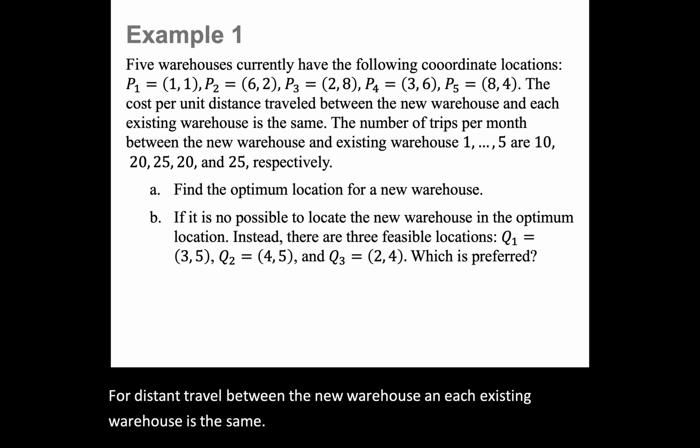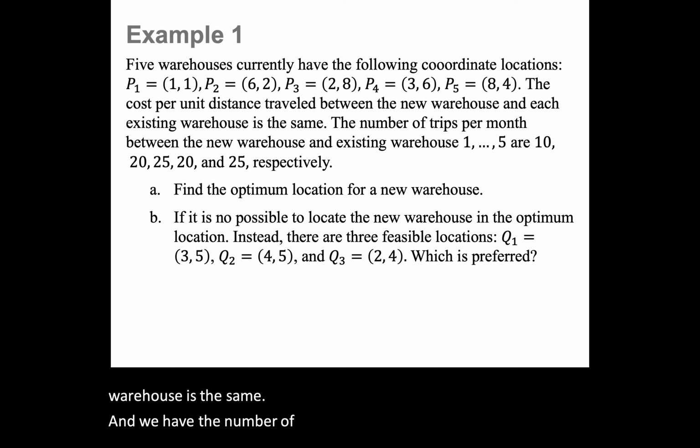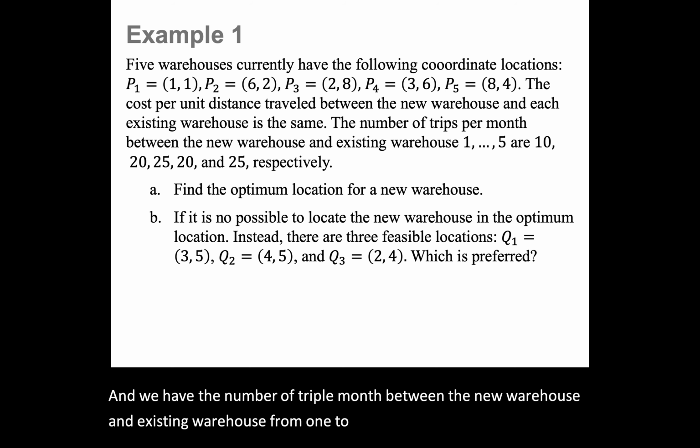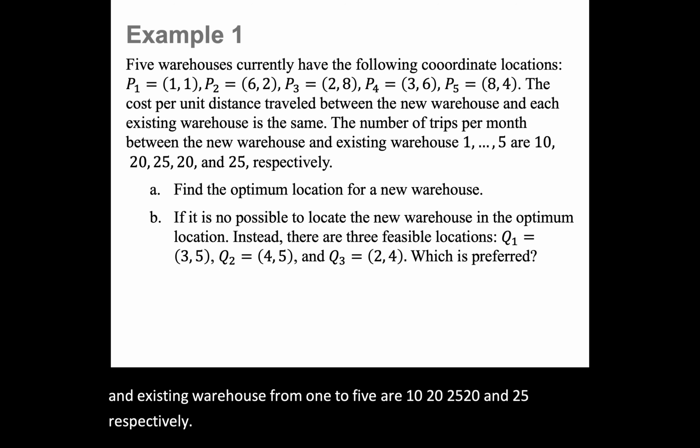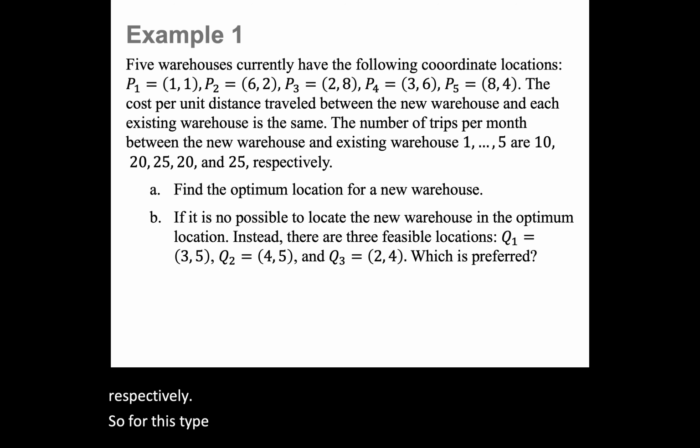And we have the number of trips per month between the new warehouse and existing warehouses 1 to 5: 10, 20, 25, 20, and 25 respectively. So for this example, you are required to find the optimum location for the new warehouse.